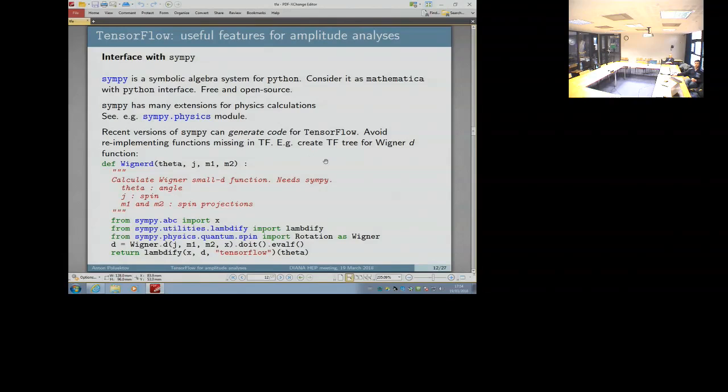So in this case, you don't need to write it from scratch. You can just call something called lambdify, which is a SymPy function that will generate the TensorFlow tree for something that SymPy already knows. And for instance, this Wigner-D it already knows.